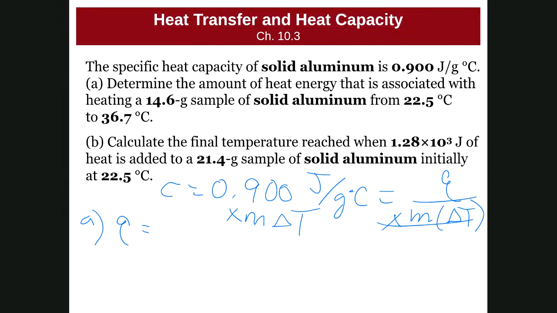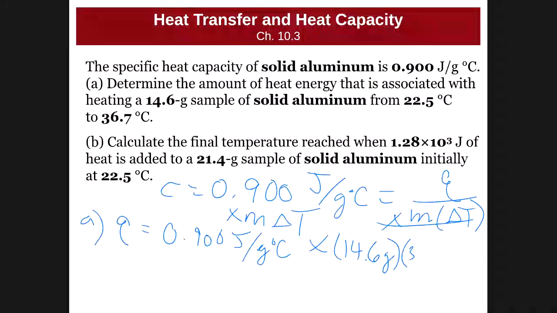So Q is going to be equal to our specific heat capacity, 0.900 joules per gram degree Celsius, times our mass, which is 14.6 grams, times our change in temperature, going from 22.5 degrees Celsius, our initial temperature, to 36.7 degrees Celsius as our final temperature.